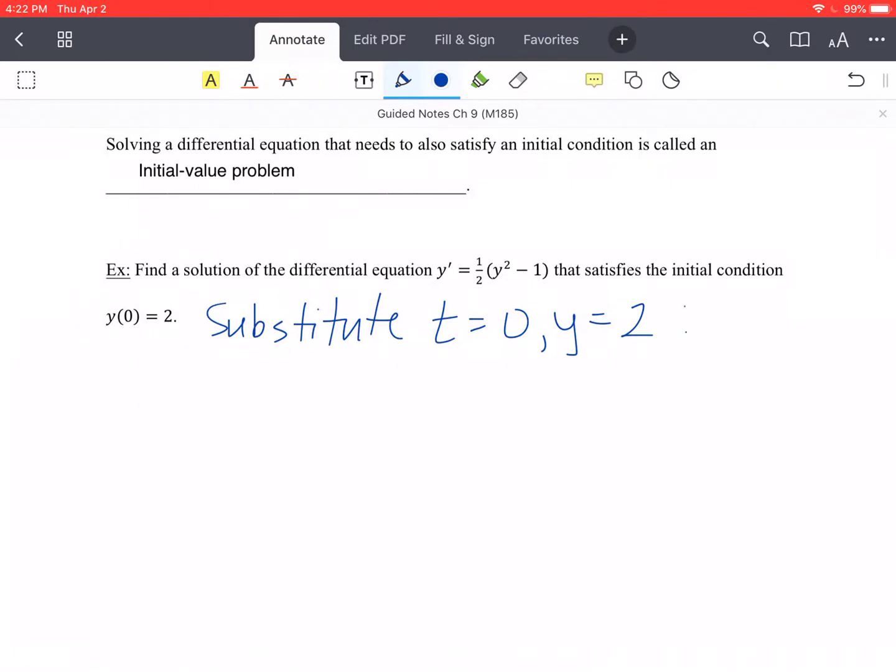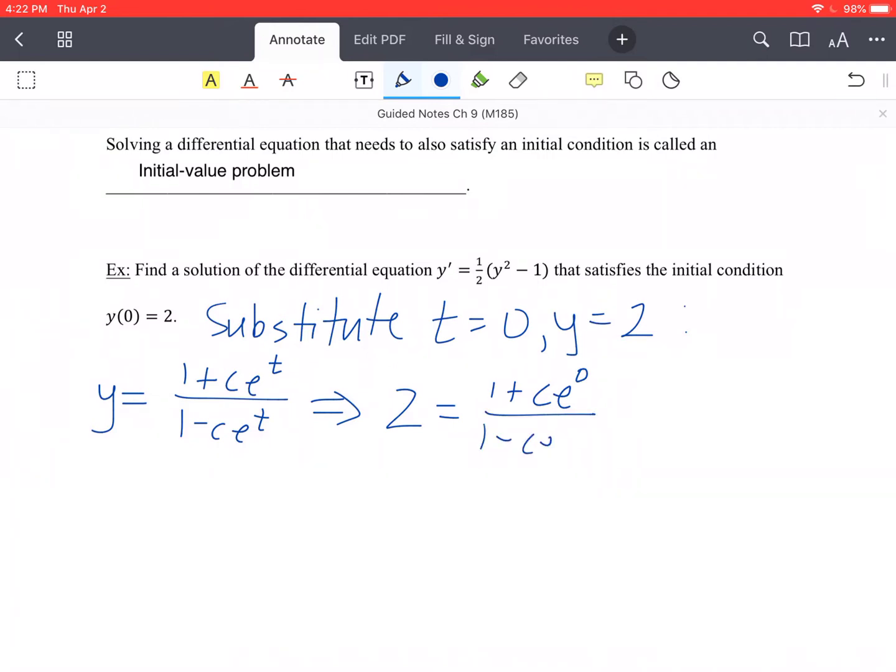And we already found the general solution, right? So we had y equals (1 plus c e to the t) over (1 minus c e to the t). So substitute in our values, we get 2 equals (1 plus c e to the 0) over (1 minus c e to the 0).